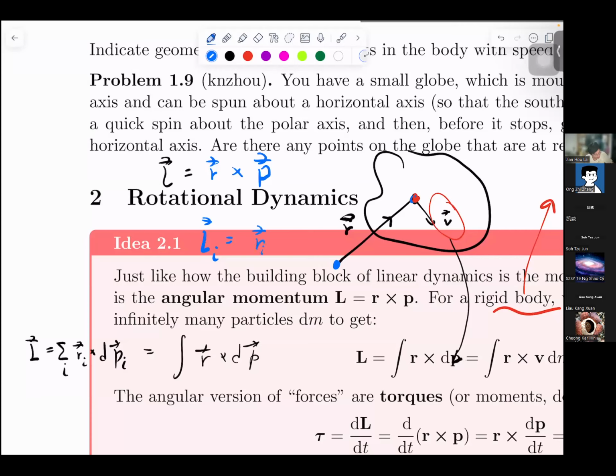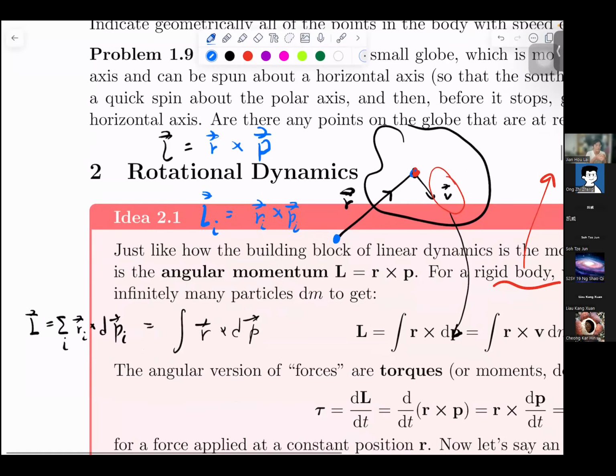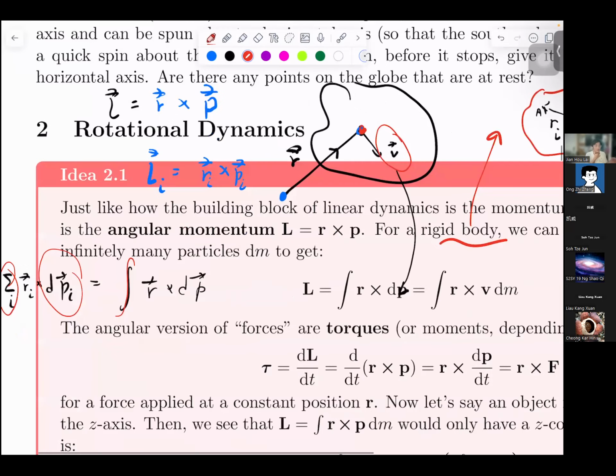So we have r_i cross p_i. If we add them up, the summation of the angular momentum of all the point masses together, it becomes the angular momentum of the rigid body as a whole. You are summing the linear momentum of the point masses in the rigid body, and when they become infinitesimal, it becomes an integration.